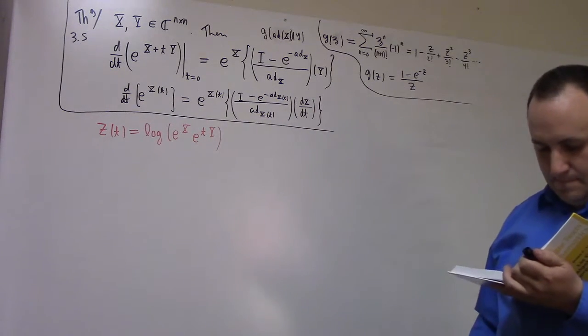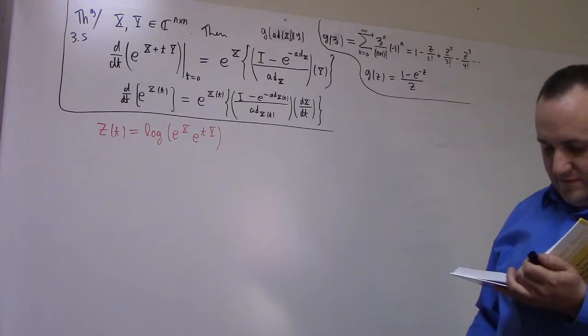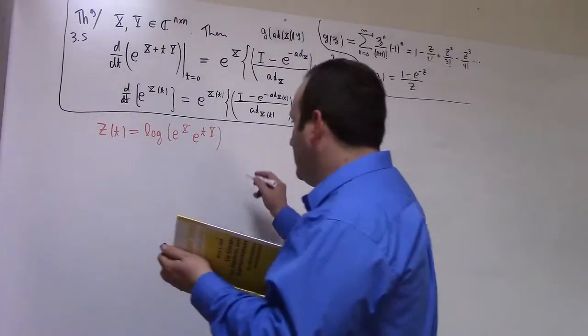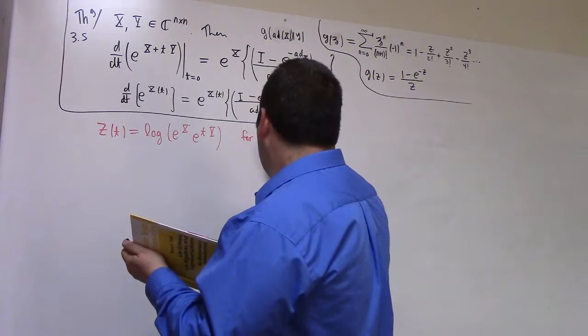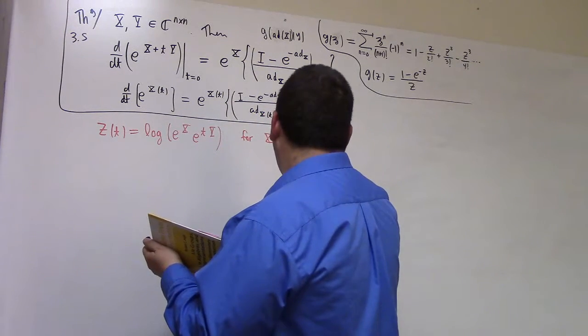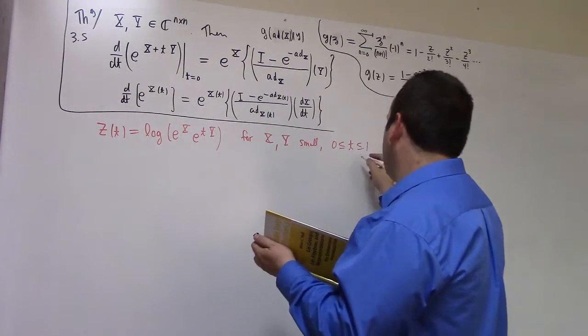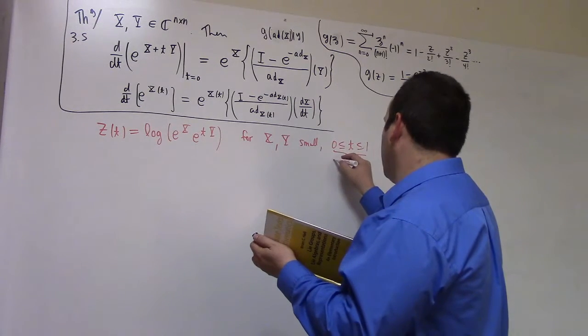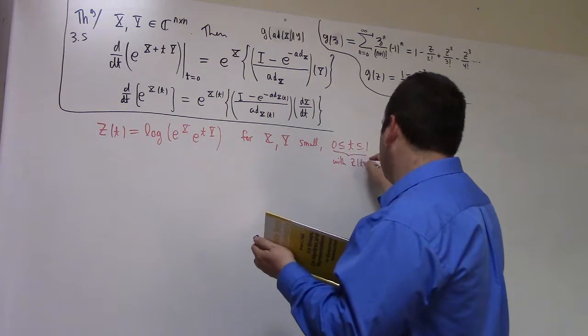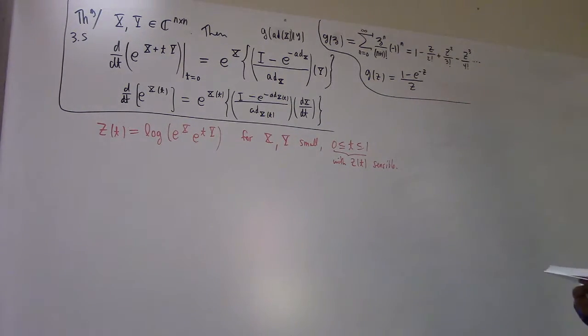And he also says that if x and y are sufficiently small, then z of t is defined for 0 less than or equal to t less than or equal to 1, with z of t sensible. It makes sense to talk about how large or small a matrix is because we have its norm, so we can measure how large or small it is.